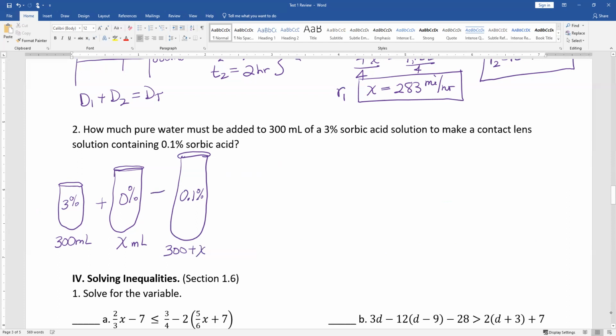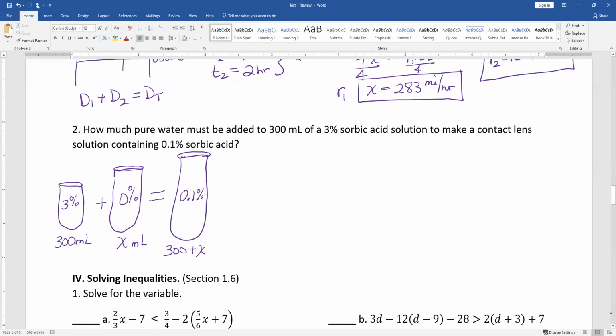So that's our equation. 300 milliliters of 3% plus X milliliters of 0% needs to give us 0.1%. I was hoping that maybe the visual of this might make more sense than just the table, because this is essentially what we've done. And so what we have to find out is, what is that X?